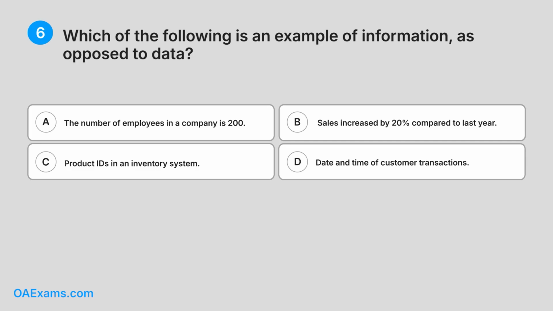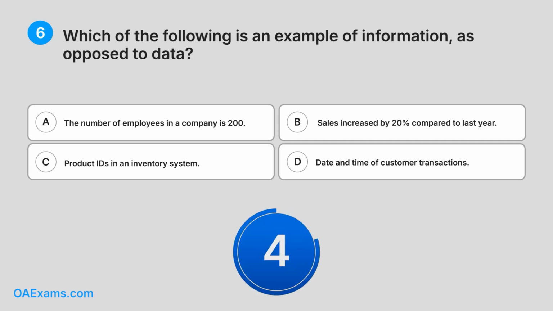6. Which of the following is an example of information, as opposed to data? A. The number of employees in a company is 200. B. Sales increased by 20% compared to last year. C. Product IDs in an inventory system. D. Date and time of customer transactions.